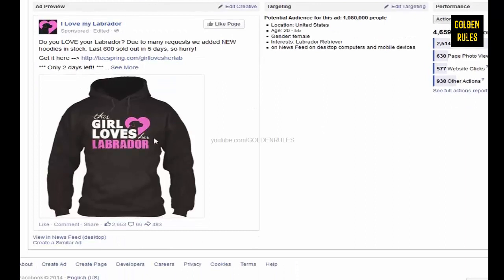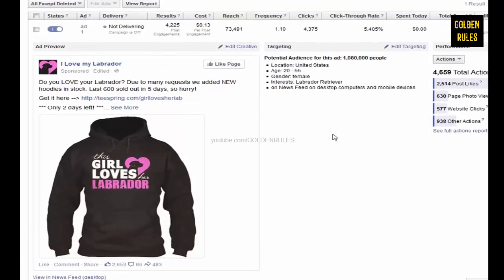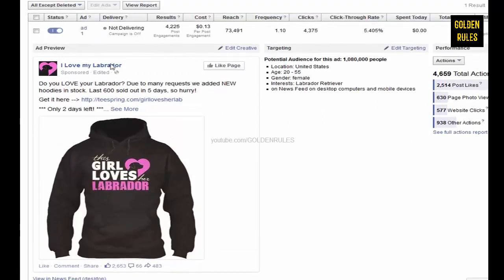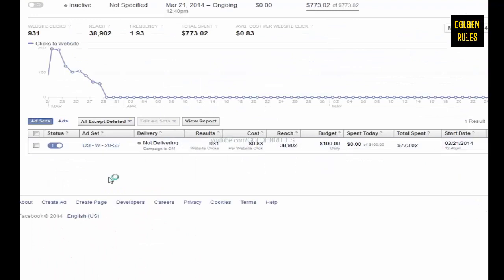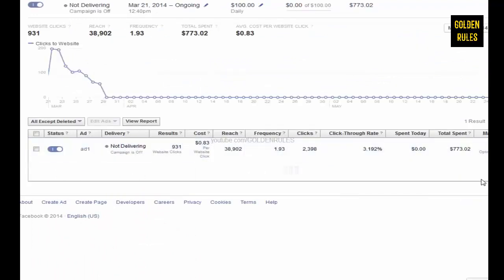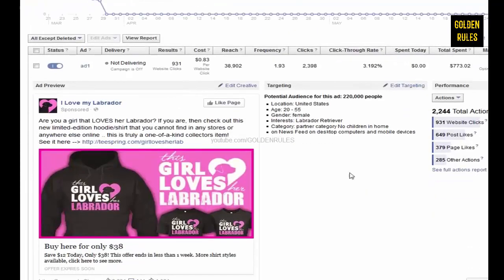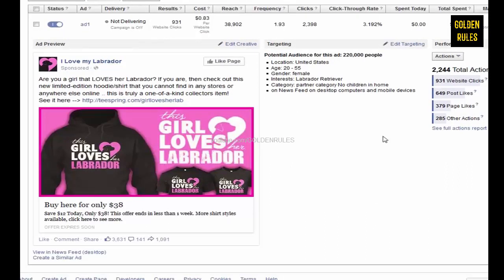This looks like I hit a page post on my page there, so let's go. Just want to see if any of the targets actually changed, but I'd like to show you the whole thing here just so you see exactly what I did. Oh, I tried a partner category with no children in the home. From what I recall, this one didn't do too bad.